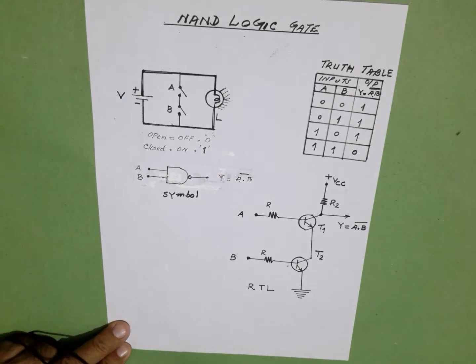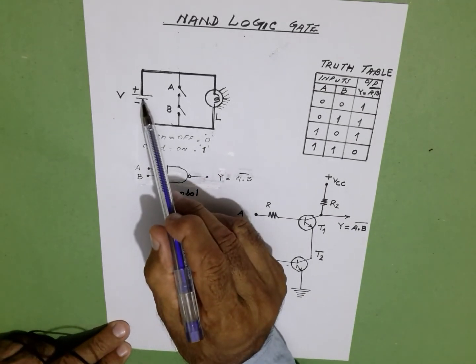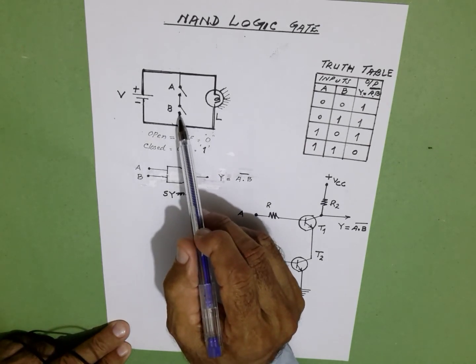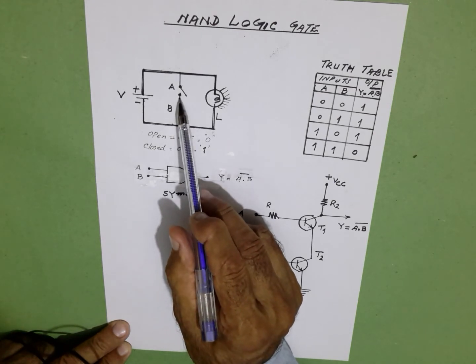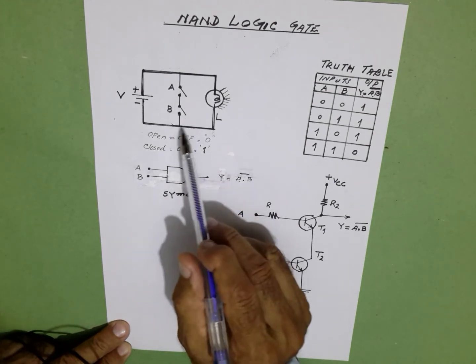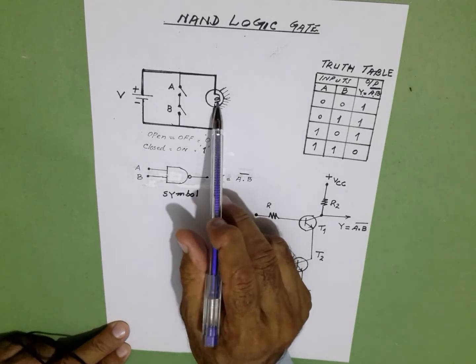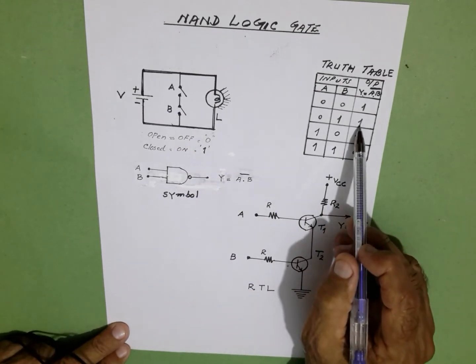For the second combination, let us close switch B. The current coming here, although B is closed, A is open and therefore it cannot travel through switch A; rather it goes through the lamp and the lamp lights.